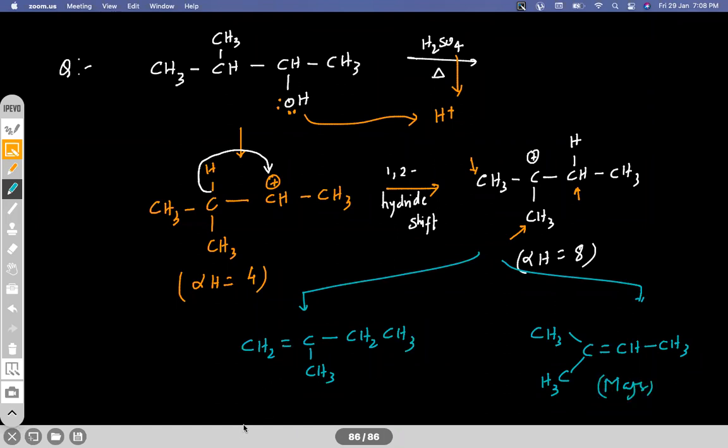See, count the number of alpha hydrogen in the alkene. How many alpha hydrogen do we have here? We have 3 plus 2, 5 alpha hydrogen. But for this one, it is 3 plus 3 plus 3, 9 alpha hydrogen. So this one is more stable than this one. This we call the Saytzeff product, and the other one is Hofmann.